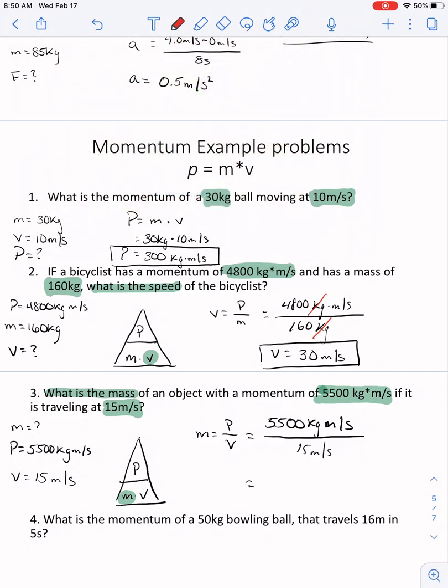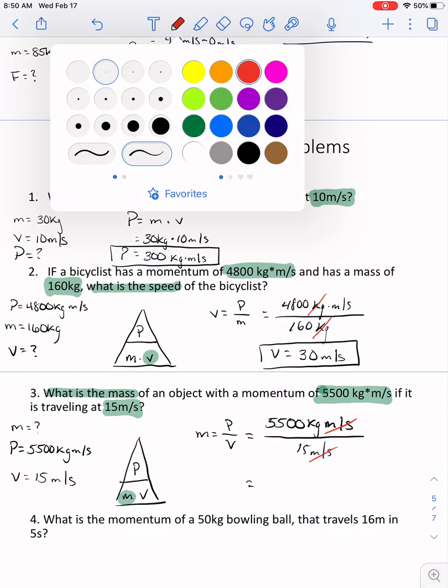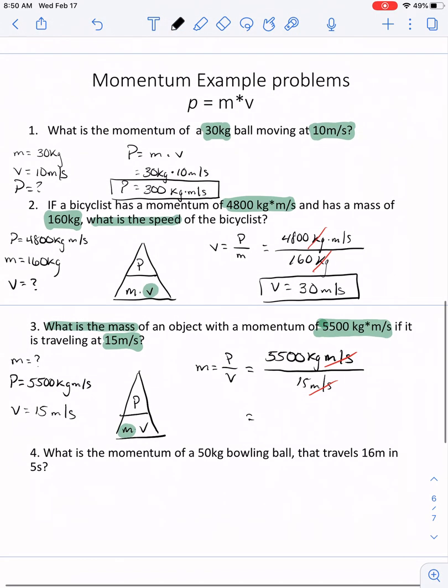We see the unit meters per second cancels with the meters per second. So 5,500 divided by 15 gives me a mass of 366.7 kilograms.